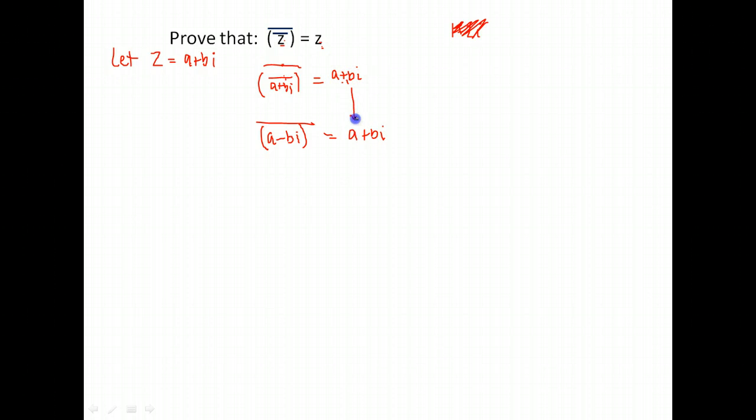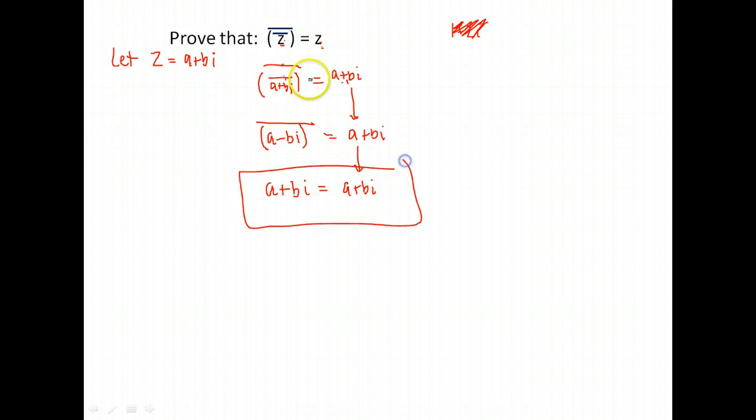Okay, this hasn't changed at all. Well, we have to do the conjugate again to take that off. That means we change our negative to a positive. So I get a plus bi equals, you guessed it, a plus bi. Okay, and I've shown the two sides are equivalent with some generic complex number.